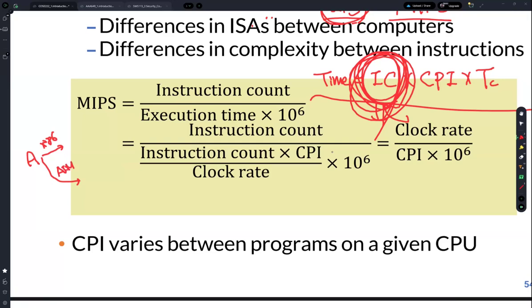Then the instruction count is different, because the instruction set architecture is different, so the number of compiled instructions can be different.